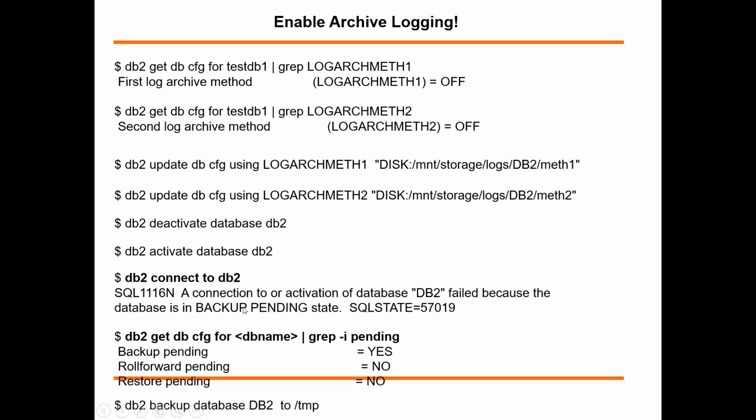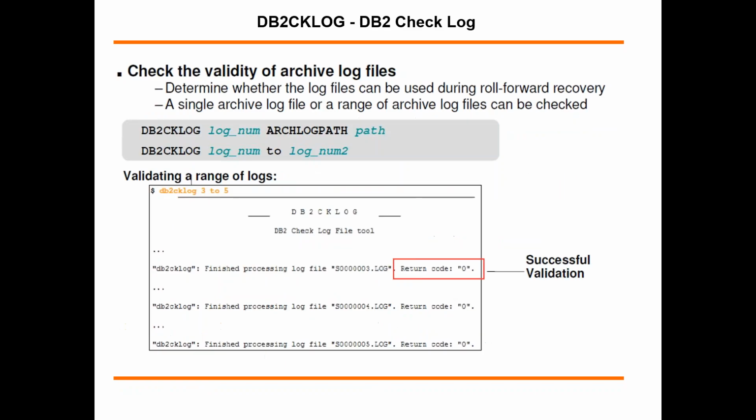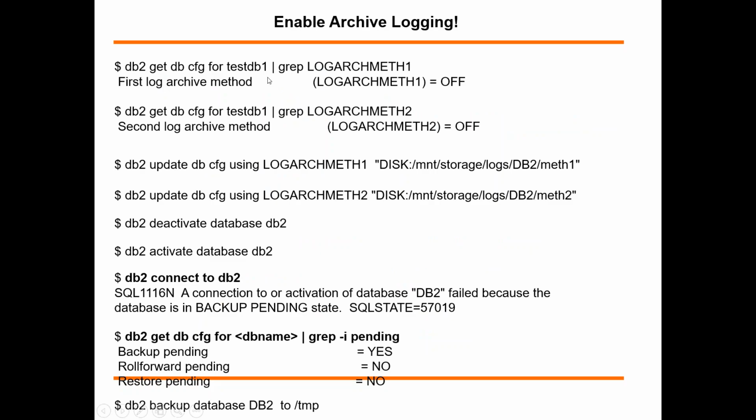That's what we did the other day for the load exercises. So simply I'm running a backup database command to temp. We will see this backup command tomorrow. Now quickly moving on. Anyway, this is part of my exercise document too.